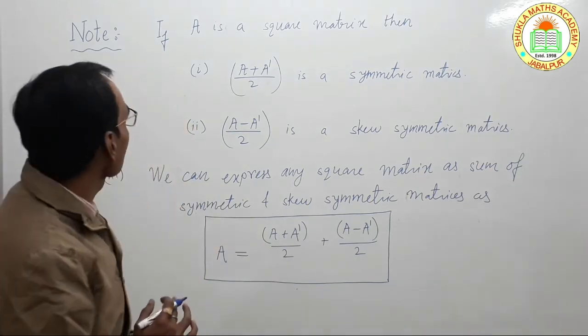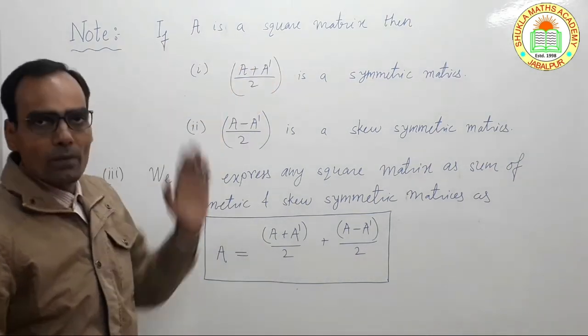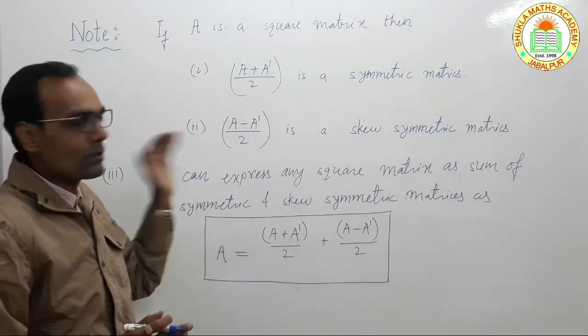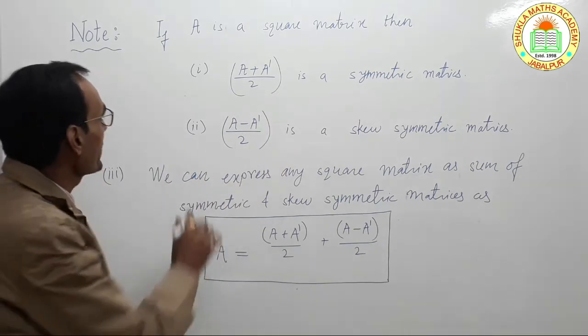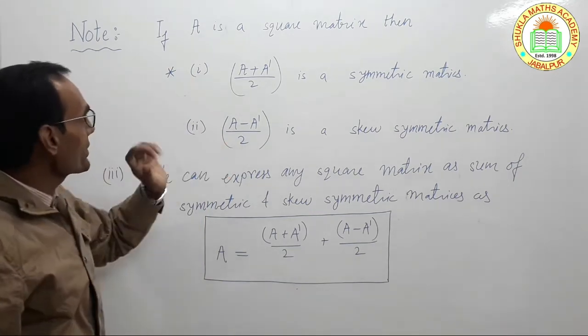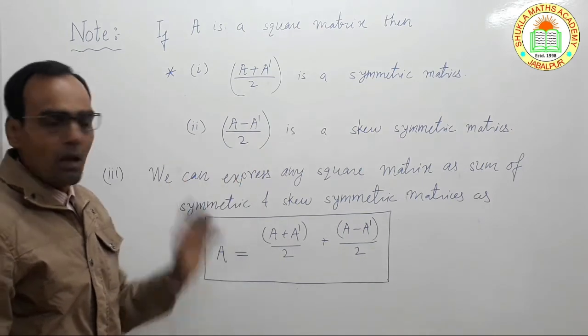So now see here, the first one is, if A is a square matrix, then A plus A dash by 2 is a symmetric matrix. Remember that. It is very important property of a symmetric matrix. And now second one is A minus A dash by 2 is always skew-symmetric matrix.